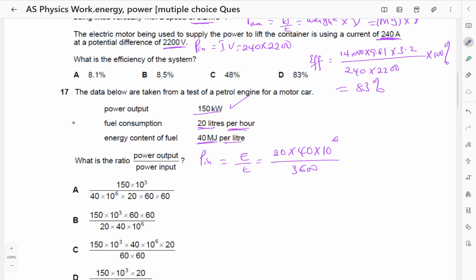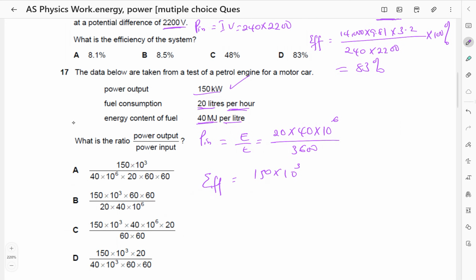So it means now the efficiency, which is power output over power input, is going to be equal to 150 times 10 power 3. Remember this one, 3,600 is 60 times 60. So I'm dividing, so the 3,600 goes up.